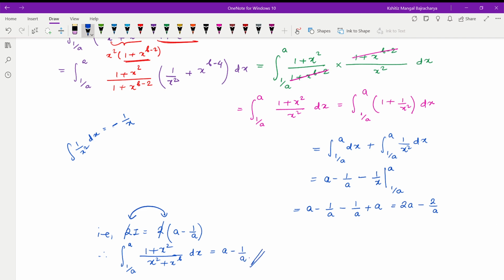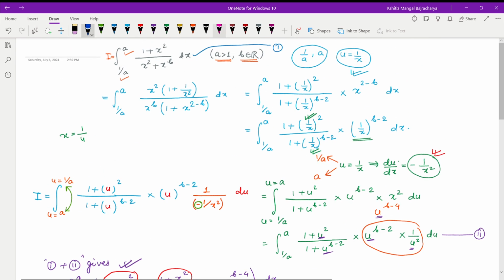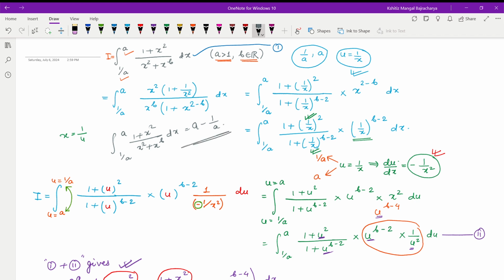This is our answer. So if we evaluate this integral, the answer would be a minus 1 over a. Alright, that's all for this video. Thank you very much.